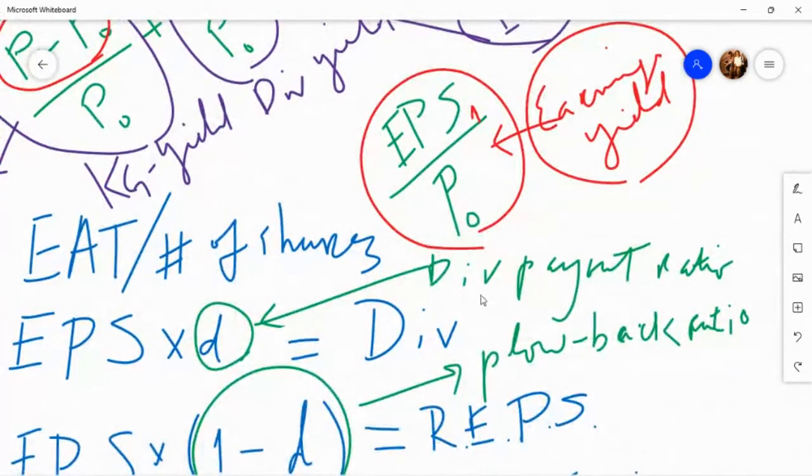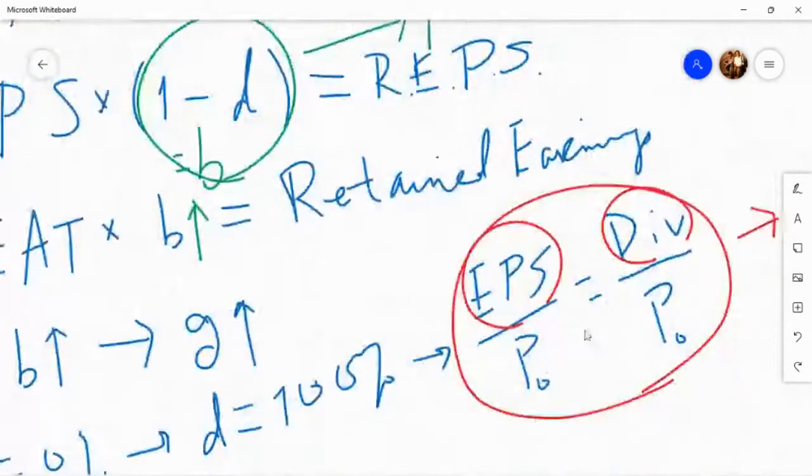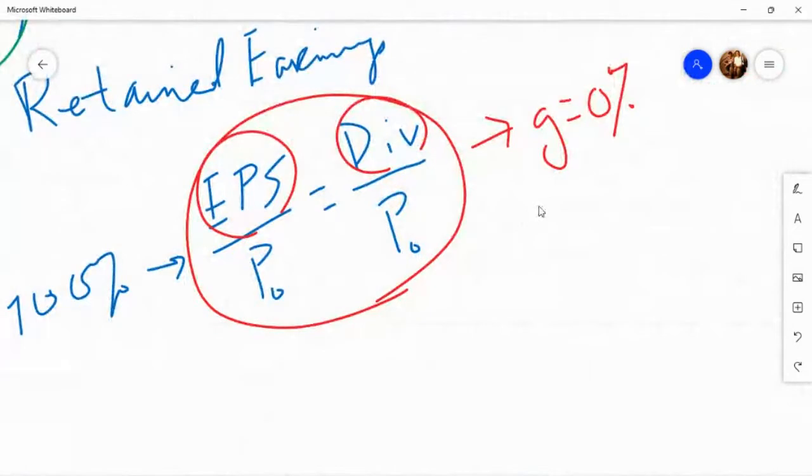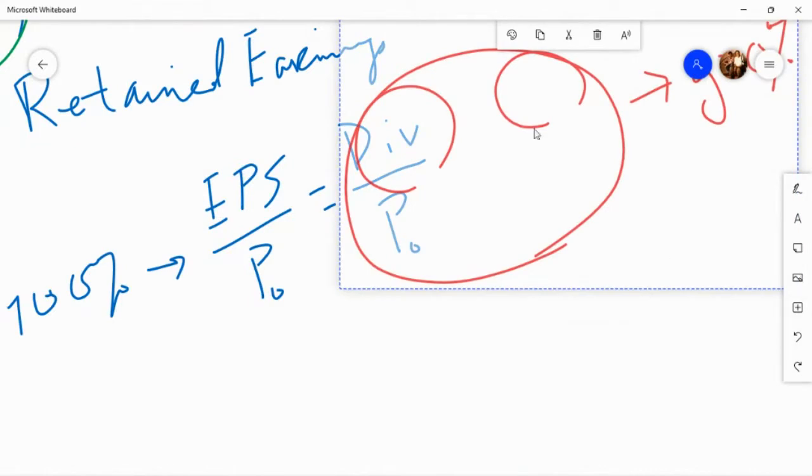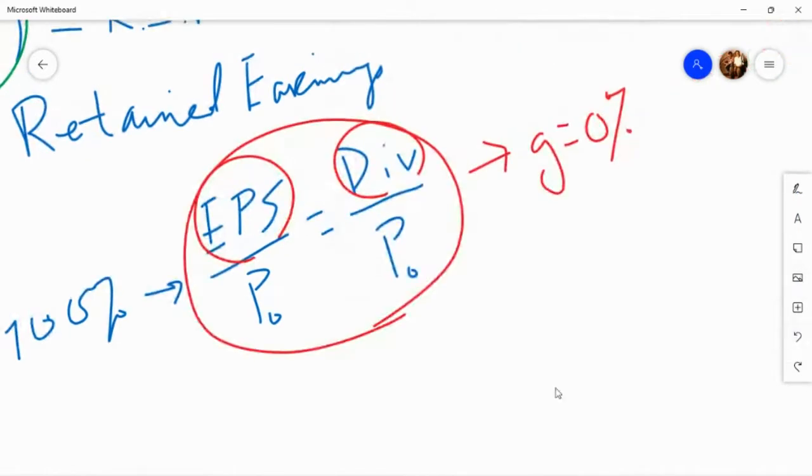If you just pay it out to the shareholders, then it will have zero growth potential, right? Does that make sense?